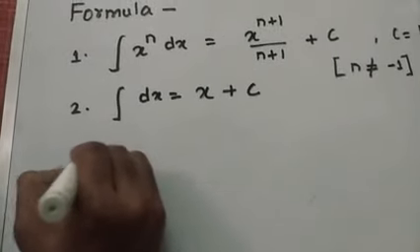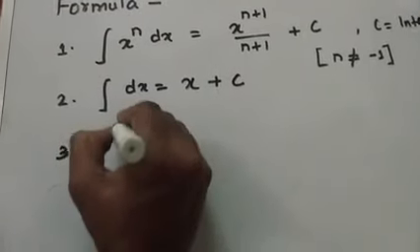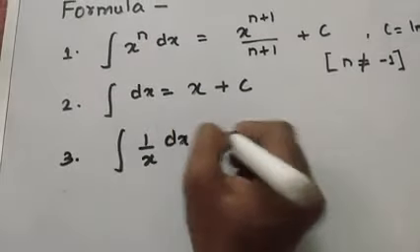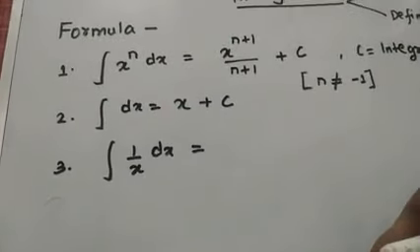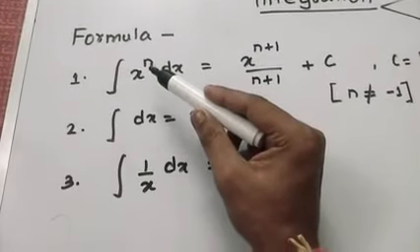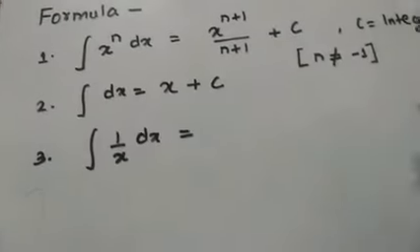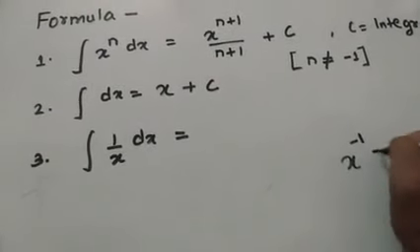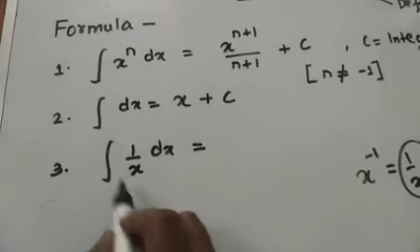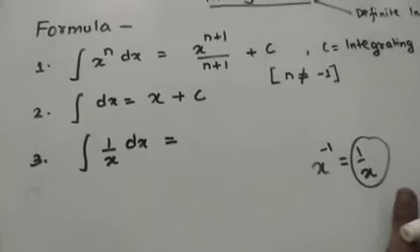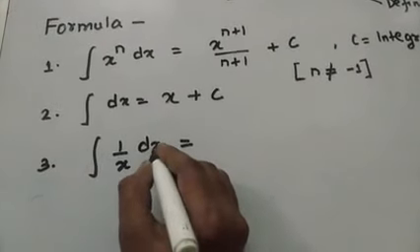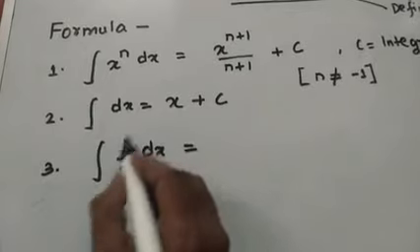Now formula number 3: integration of 1 by x dx. See, if the n value is -1, as I said earlier, that is 1 by x. So we got the integration of 1 by x with respect to x, that is dx.